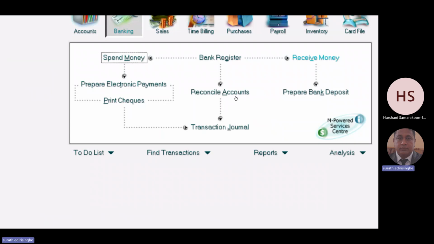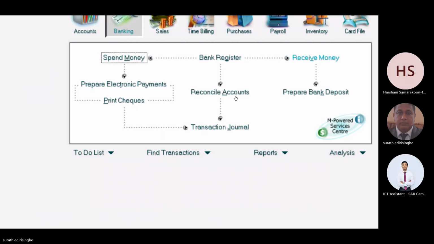SAP Cricket Club. SAP Cricket Club invested additional funds on a fixed deposit account at the Sampath investment account.